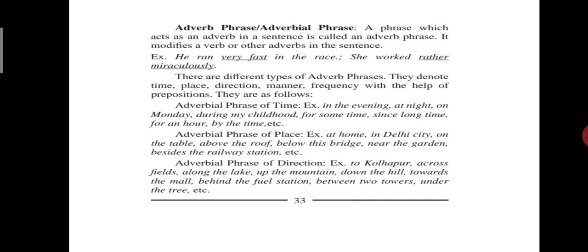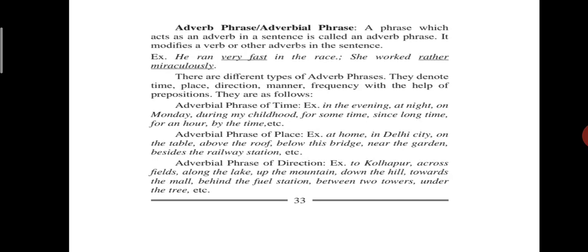For example, to Kolhapur, across fields, along the lake. It indicates the direction. Up the mountain, down the hill, towards the mall, behind the fuel station, between two towers, under the tree, etc. So here we can understand how the adverbial phrase of time, place, and direction is used in the sentence.